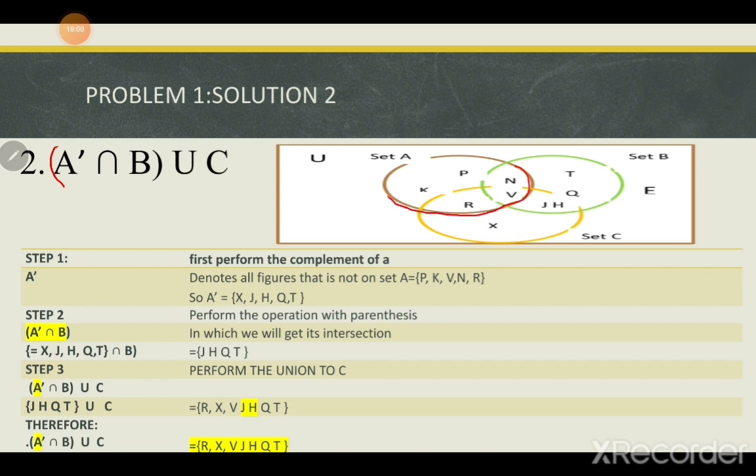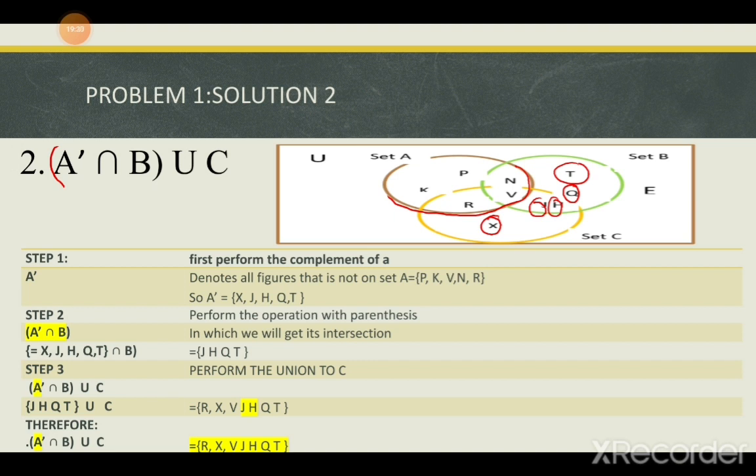The elements that cannot be seen in A are X, J, H, Q, and T. Those are the elements that cannot be seen in our A. Therefore, these are your A prime.